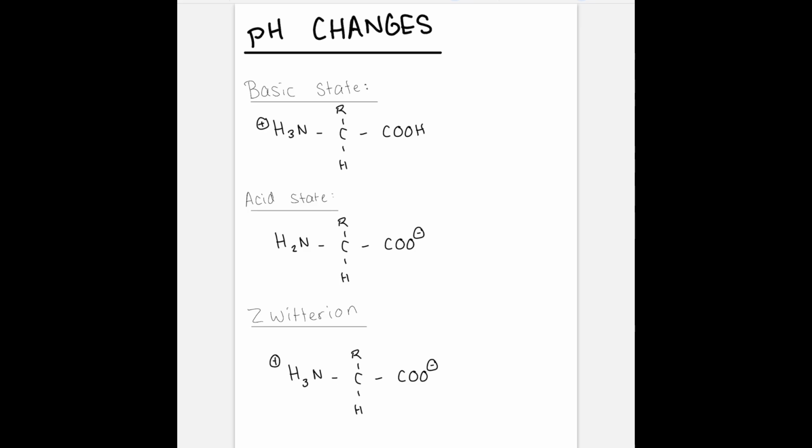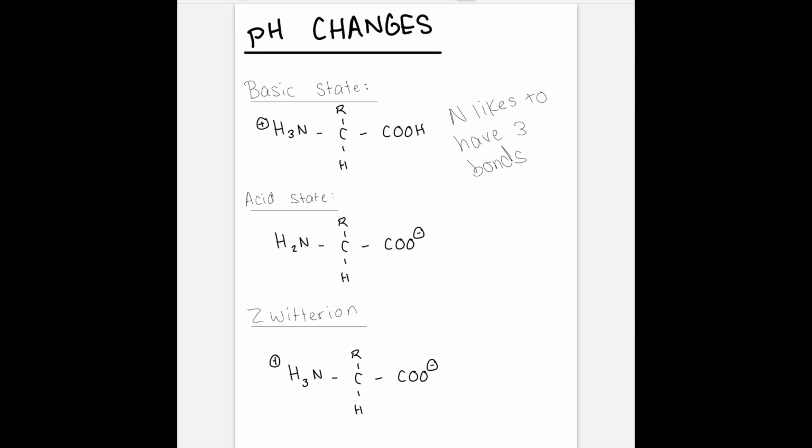And in the basic state, it's going to give our backbone a positive charge because there's going to be 3 bonds to nitrogen. So something to remember is nitrogen likes to have 3 bonds. Now we talked about carbon only ever having 4 bonds.